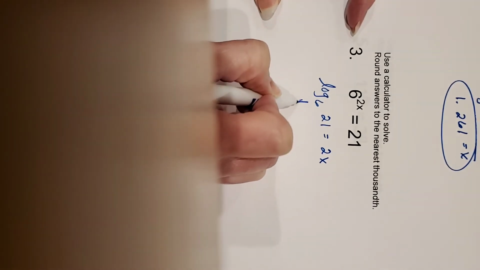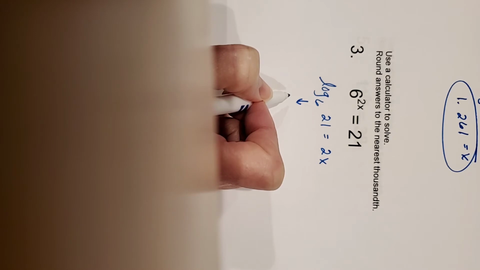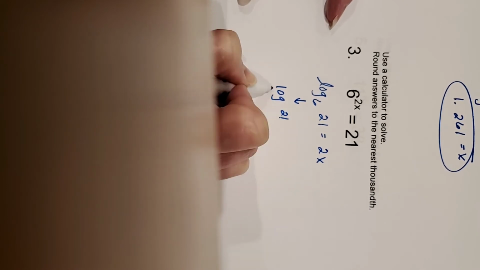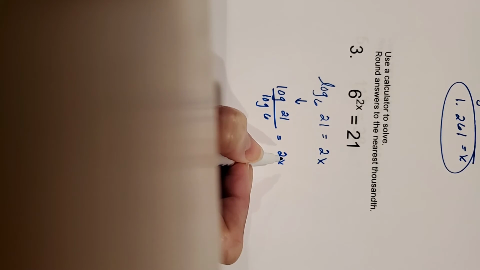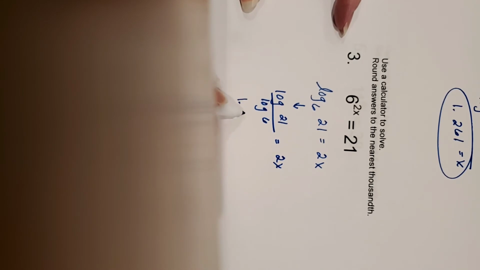So I type in the calculator log 21 divided by log 6 equals 2x, and log of 21 divided by log of 6 is 1.699 equal to 2x.